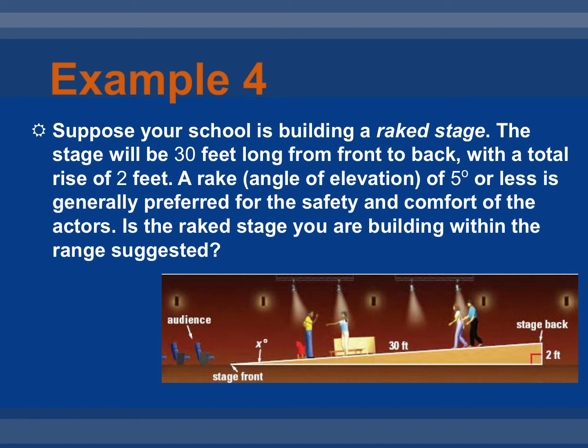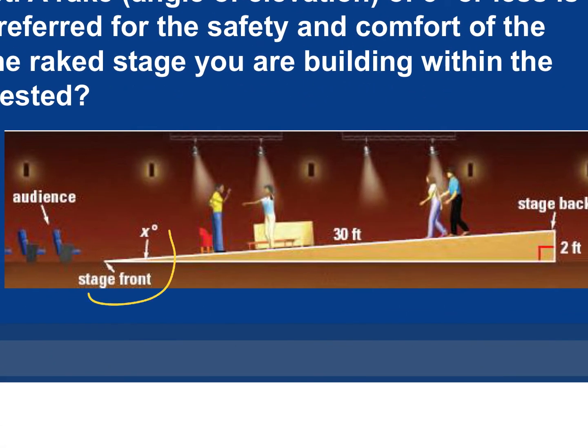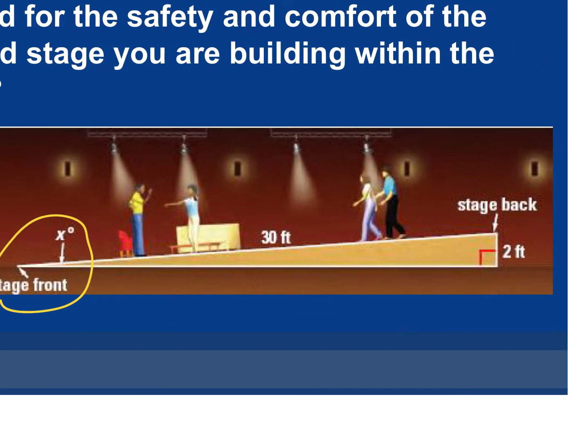So what we need to do is figure out what this angle here is, the raked angle, and make sure that it's less than 5 degrees. So whenever you're looking for an angle measure, remember you're doing the inverse. So because the picture is provided, let me go ahead and label my sides in relation to that angle X. And the stage back over here, this is my opposite.